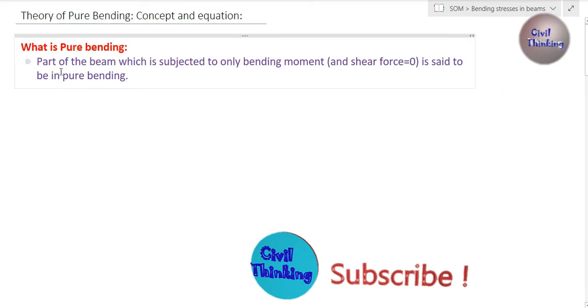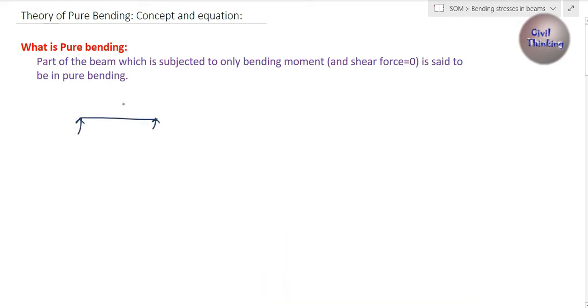Now, the part of the beam which is subjected to only bending moment is said to be in pure bending. We know when a beam is loaded, right? Now this load induces two things in the beam.